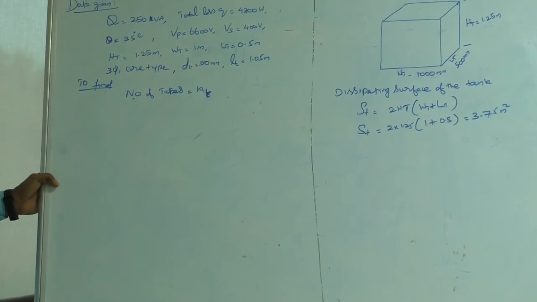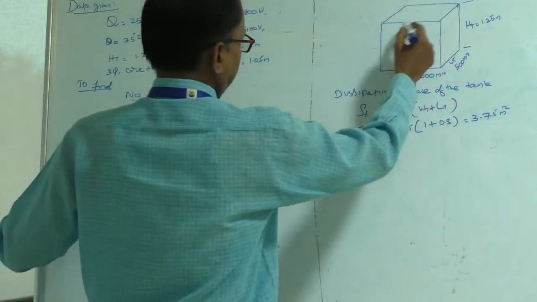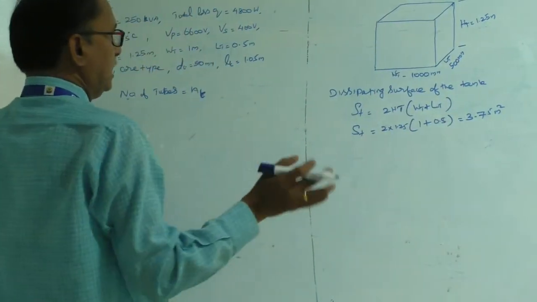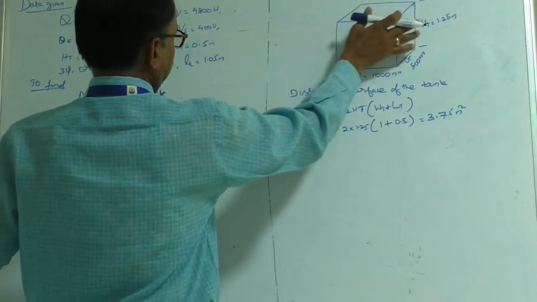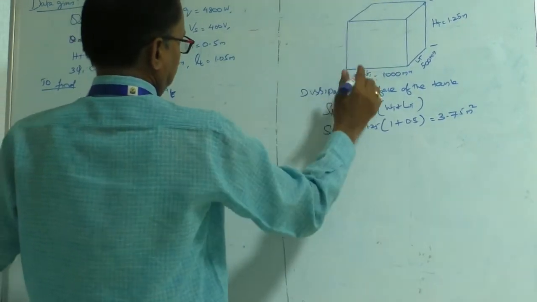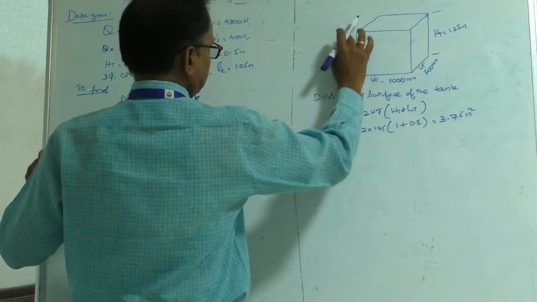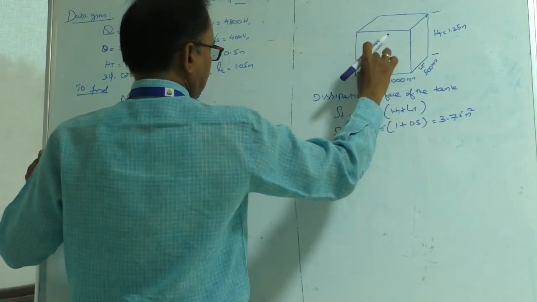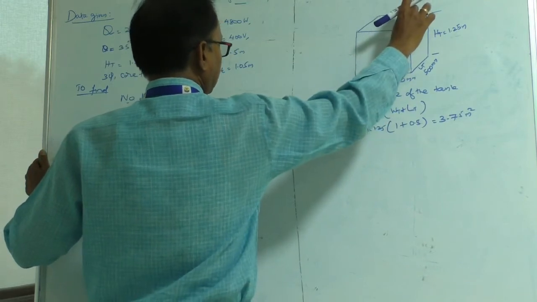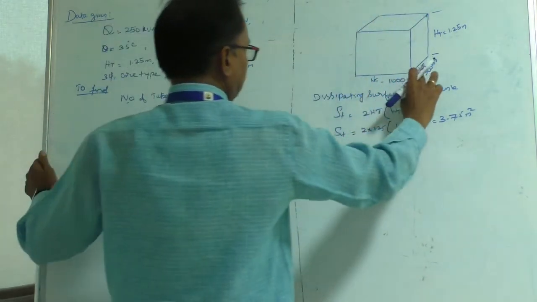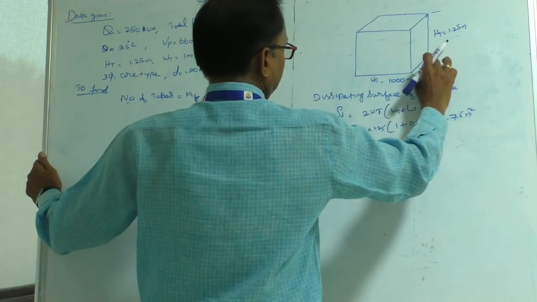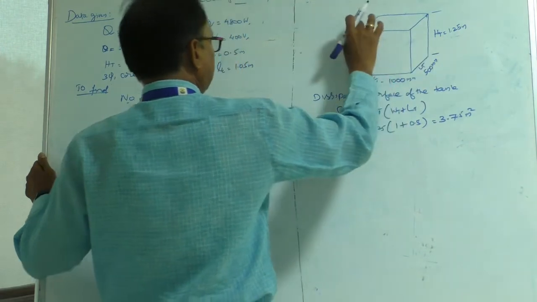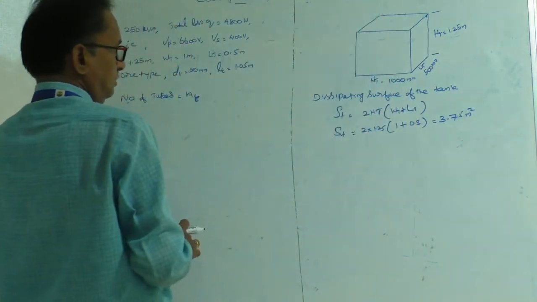Now, given these dimensions of the transformer tank, the dissipating surface of the tank is the vertical walls, since air will be flowing on them. Here is WT and this is HT, the height of the tank. So you have HT, WT on this side and HT, WT on the back side. Similarly, LT into HT on the right side and LT, HT on the left side.